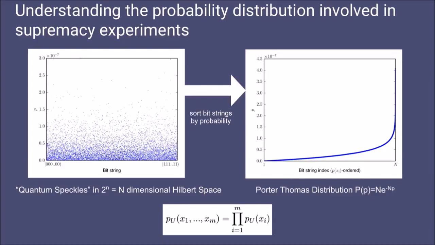The task is to show that the samples from this probability distribution that your quantum processor produces are close enough to the ideal distributions that you wrote down on paper by defining your quantum algorithm, that no classical machine could produce samples of similar quality.